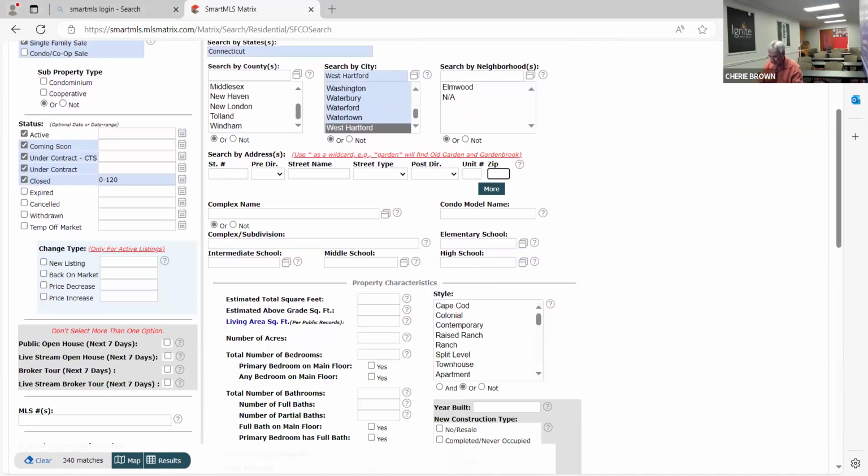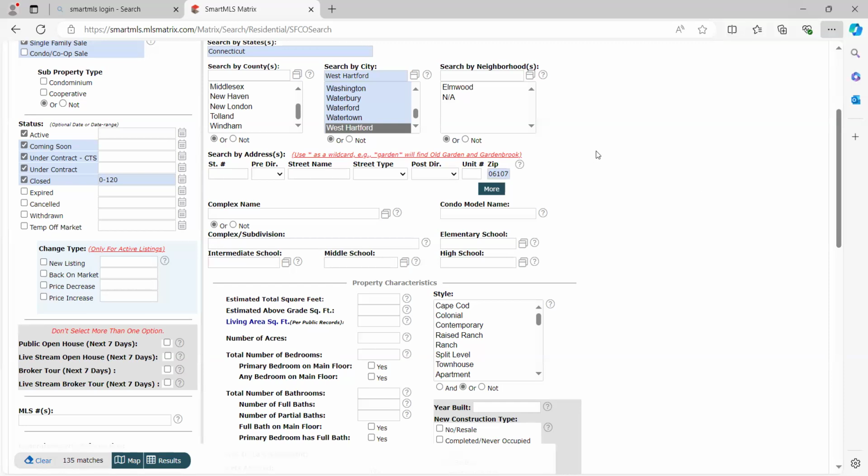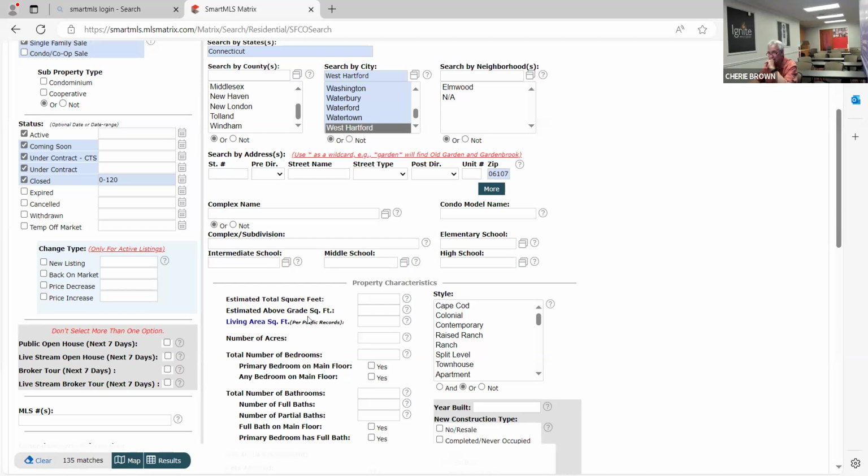Put the zip code in because I want to compare it to properties that are in my same area of the town. And I look at estimated above grade square feet. I always do a square foot analysis as part of it. This is 1,884.